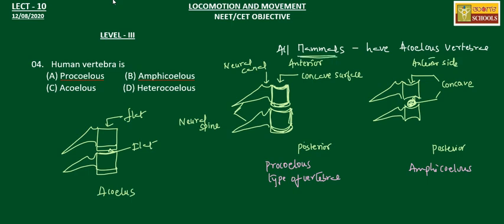Then coming to heterocoelous, in case of heterocoelous, the surfaces are not perfect, so they don't show either concave or convex. They are irregular, so you will see irregular like this.